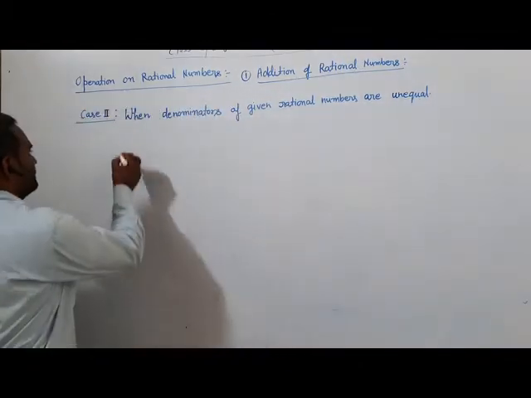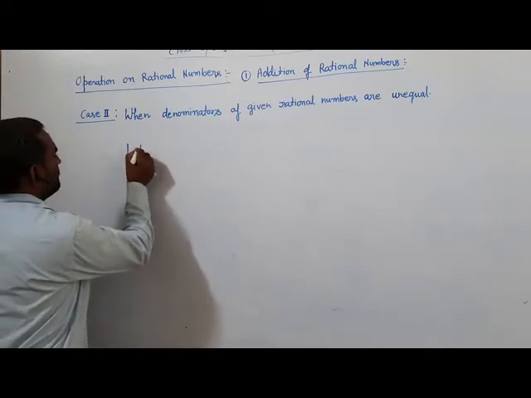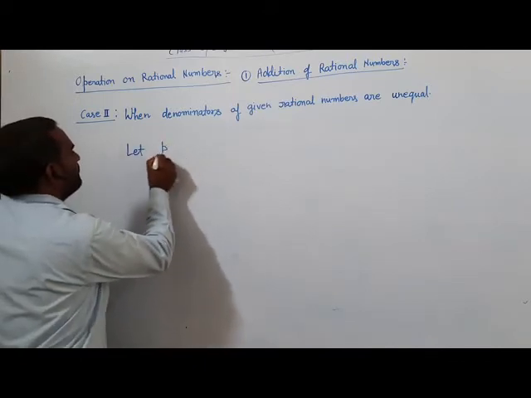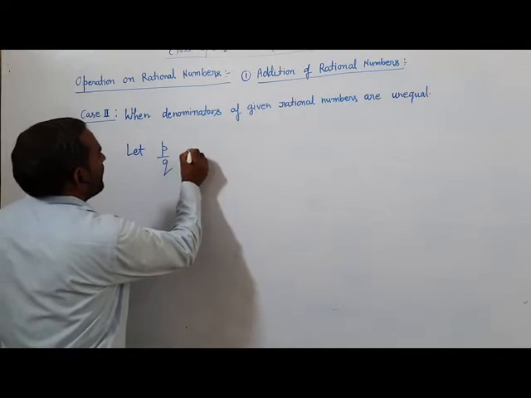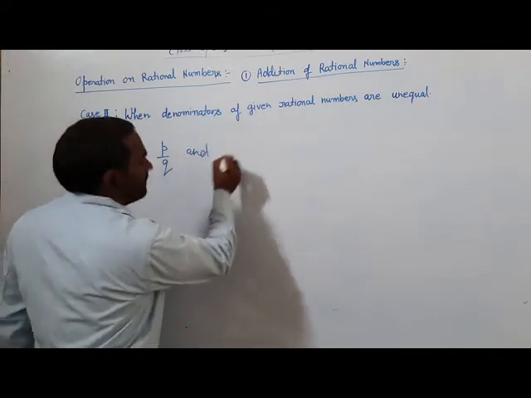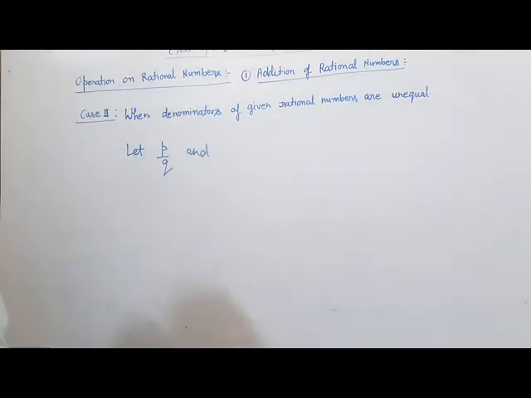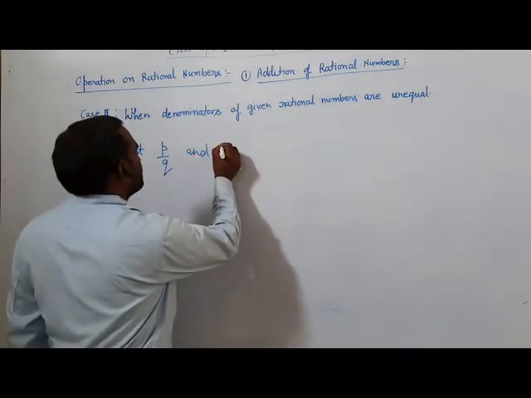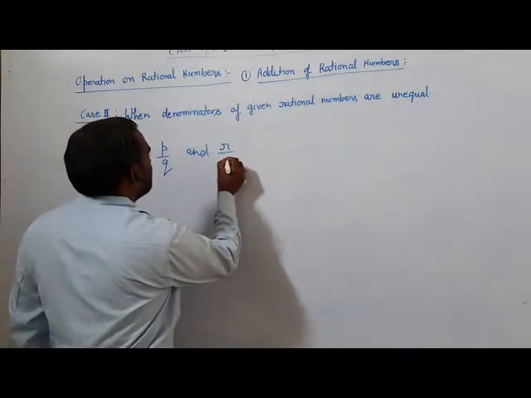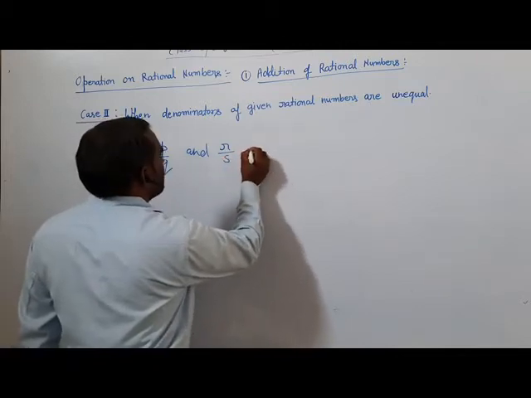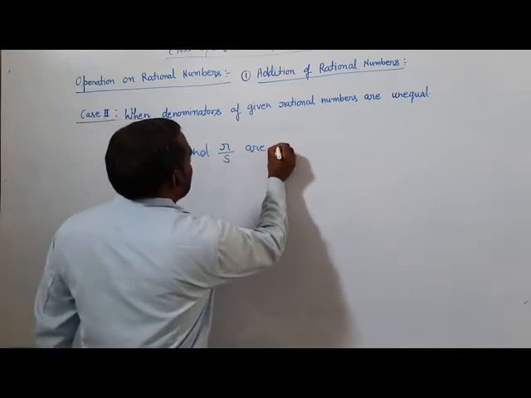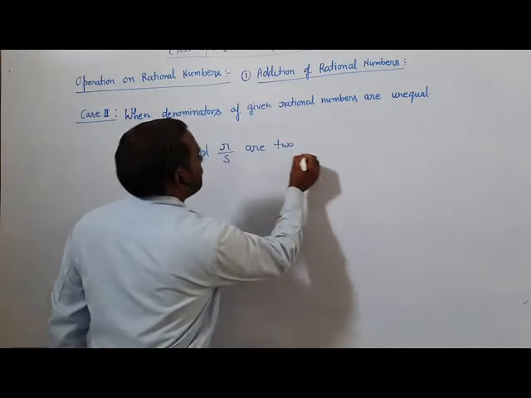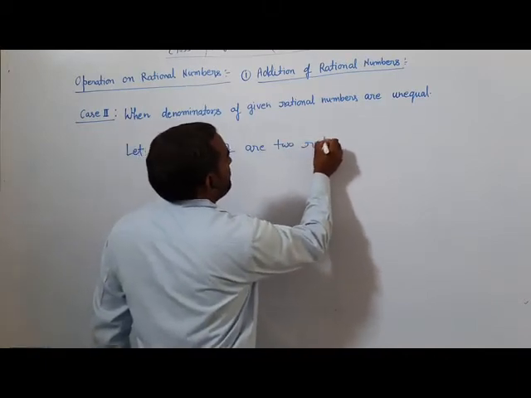Let p by q and r by s be two rational numbers.